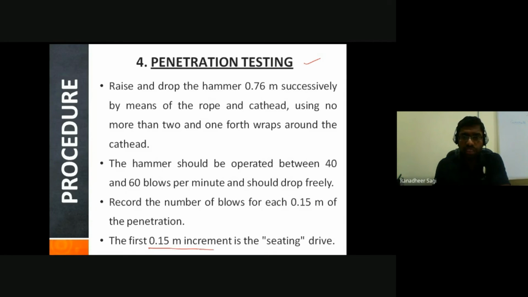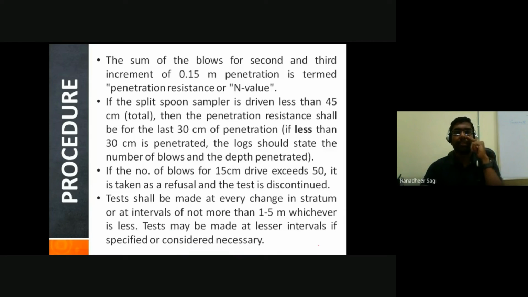The first 15 centimeters depth of penetration is typically called the seating drive, where the number of blows corresponding to that first 15 centimeters is discarded, assuming that the soil condition there might be in a disturbed state. What we are ultimately looking at is the next 15 centimeters and the subsequent 15 centimeters of penetration.